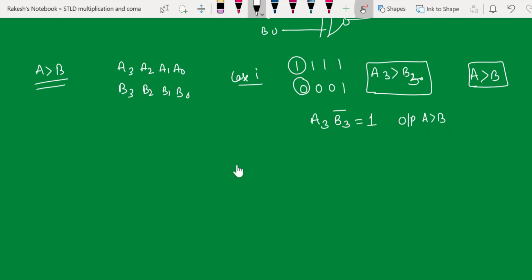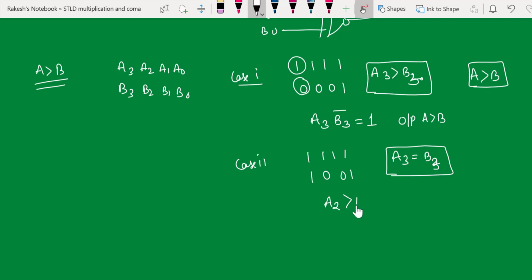Now take the second case. Let's take 1 1 0 0 1. In this case, my A3 equals B3. When A3 equals B3, I am supposed to compare A2 and B2. If you look here, my A2 is greater than B2.